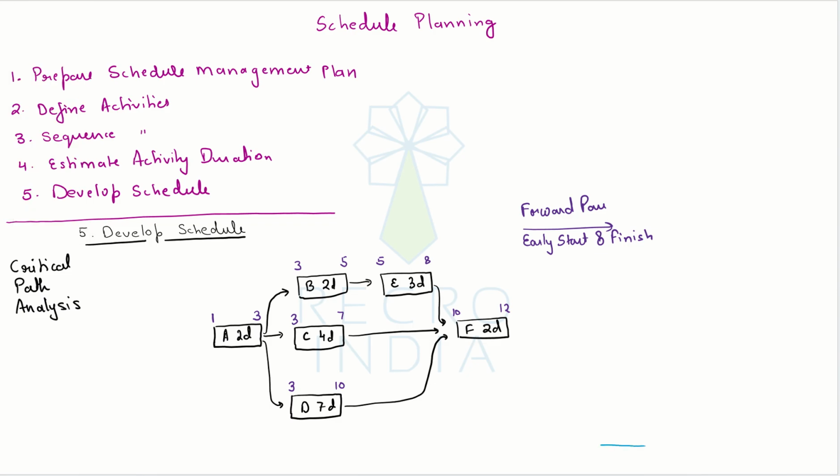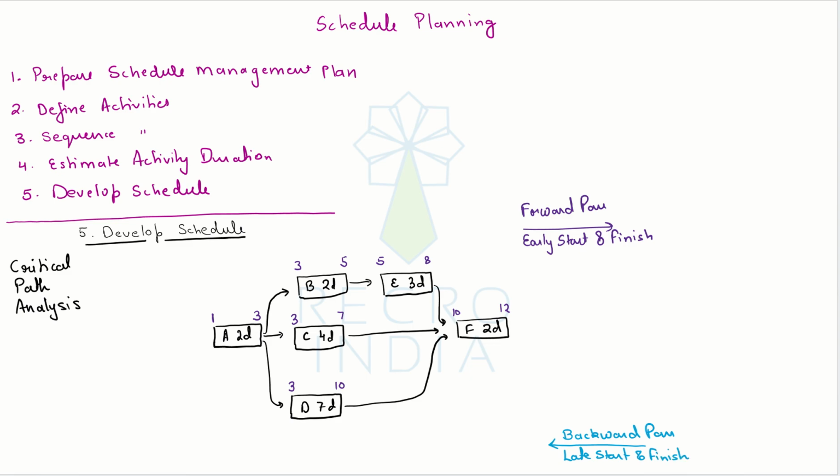Just like we did the forward pass, now we also have to do a backward pass calculation, and in that we will be calculating the late start and finish of each activity.